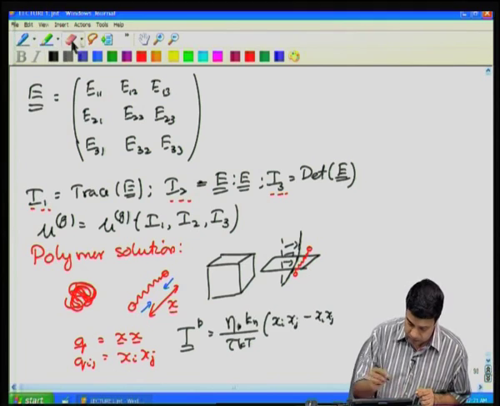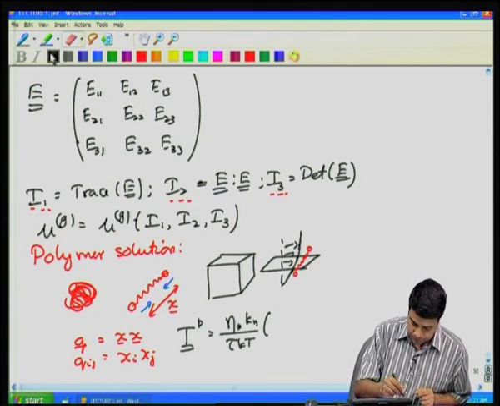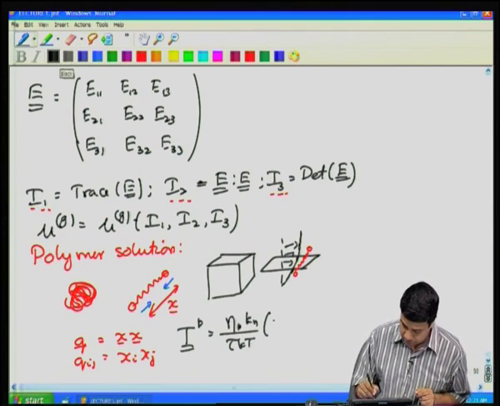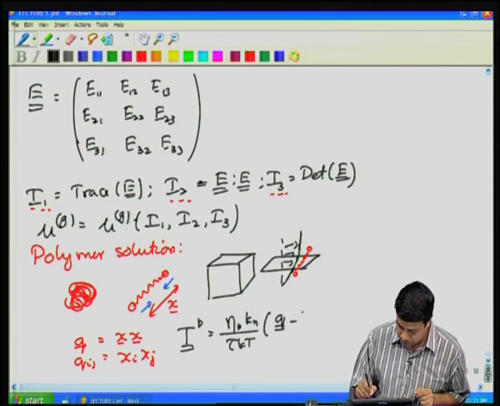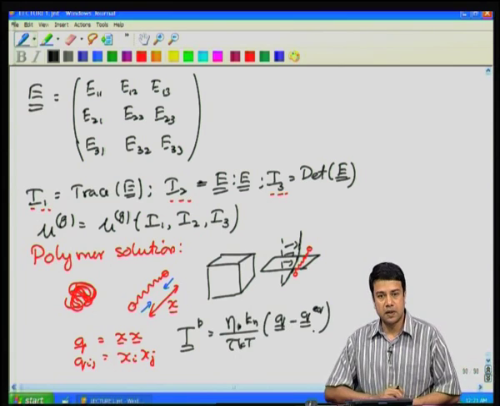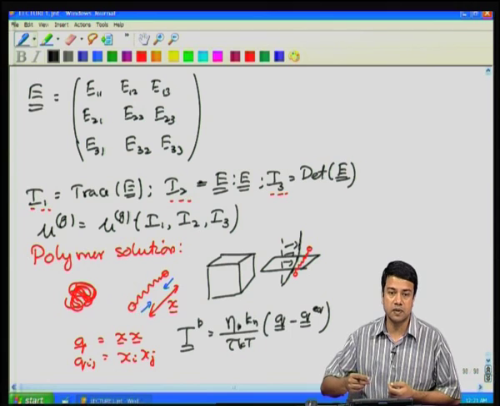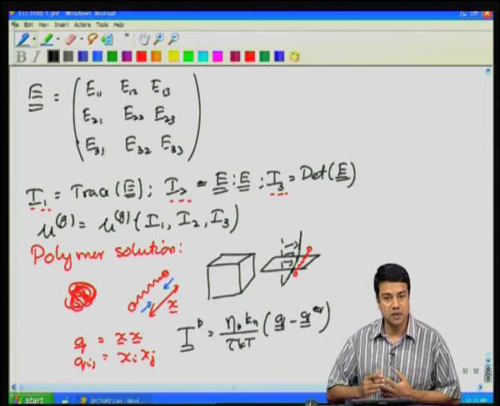Let me just write this. Where q is the actual stress within the fluid and q equilibrium is the stress in the absence of flow. Okay. Kn is a spring constant which basically tells you how much force there is in the polymers when you stretch them. Tau is a relaxation time for the polymer, and kT is the Boltzmann constant times the temperature.